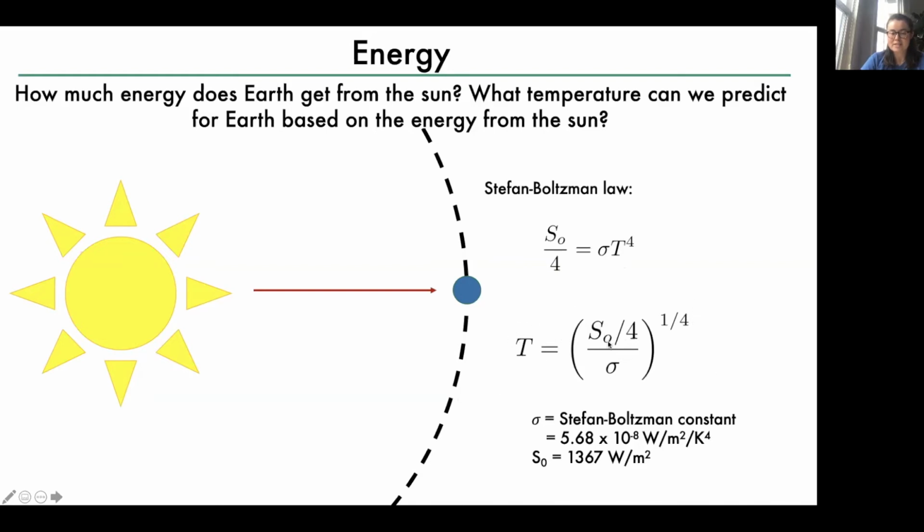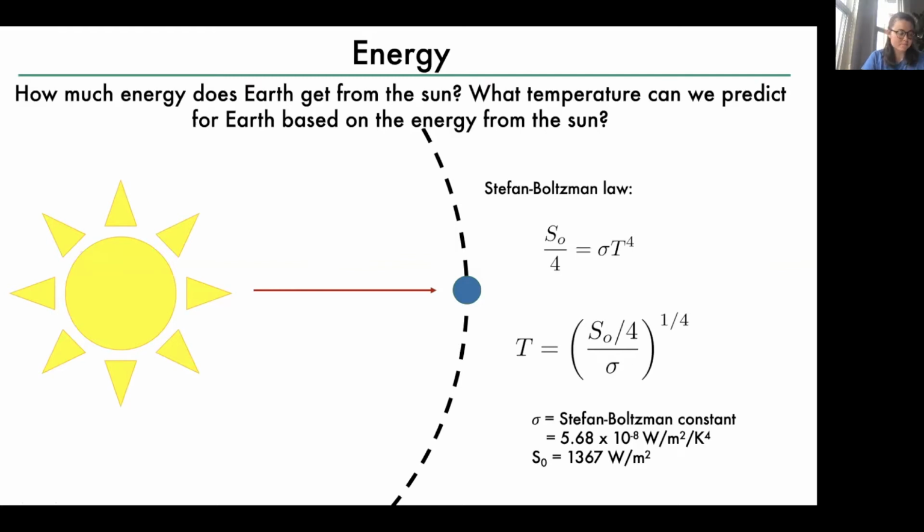You can take S naught divided by 4 over sigma and take that all to the 1/4 power. So I kind of just did the algebra for you. Okay, and so the value that I get for the temperature is 278 Kelvin.